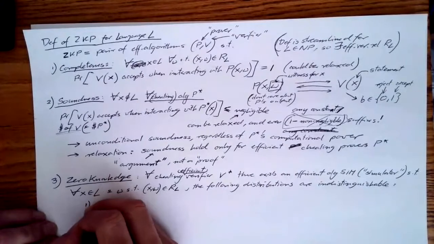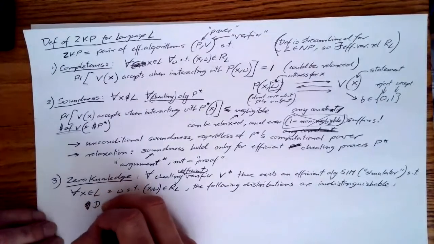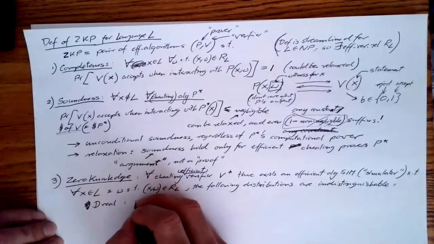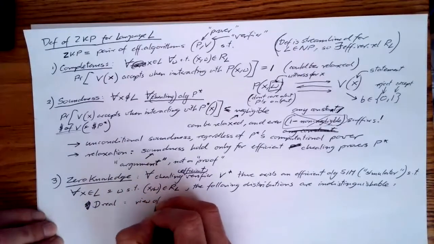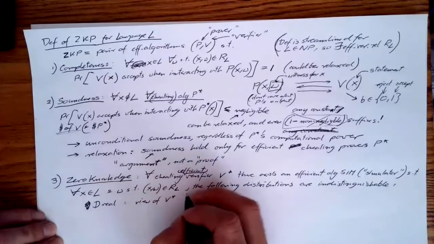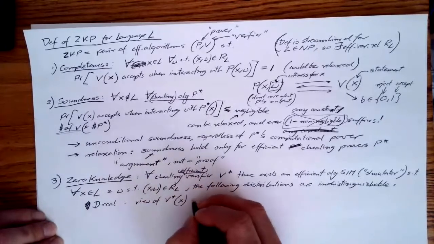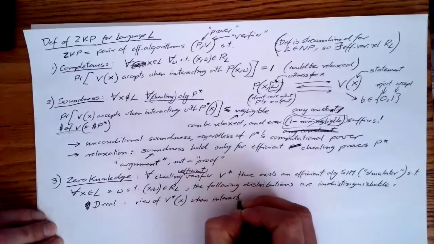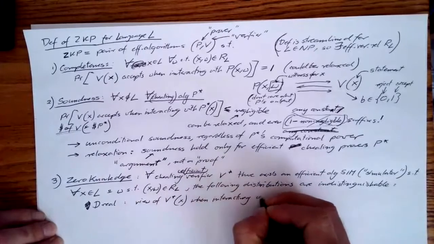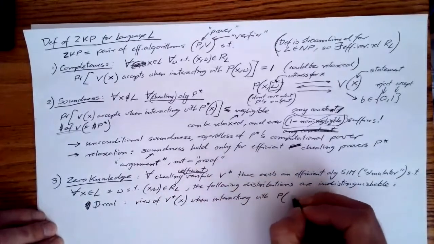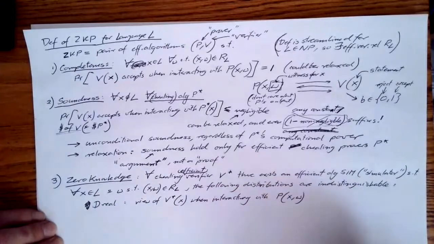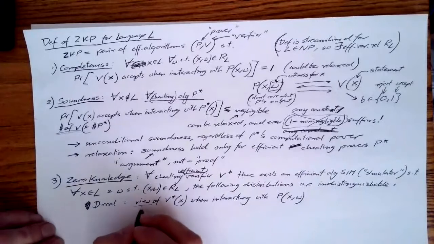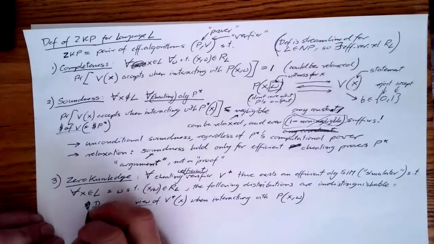The first one, the real, is the following: the view of V star on input X when interacting with P on input X and W. Okay, and let us soon decide what is exactly the view.